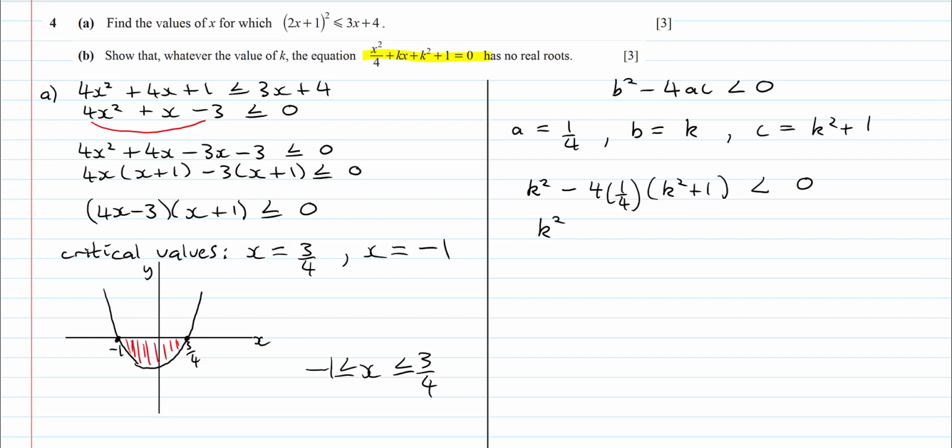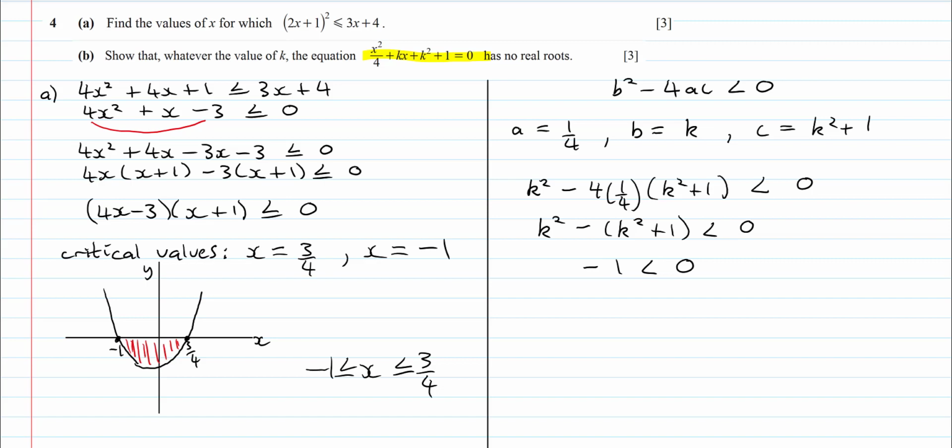So we're going to have k squared minus (k squared plus 1), and don't forget the brackets there, and that has to be less than 0. Well, k squared minus k squared is just 0, and we're left with negative 1 on the left-hand side. So we get negative 1 is less than 0.